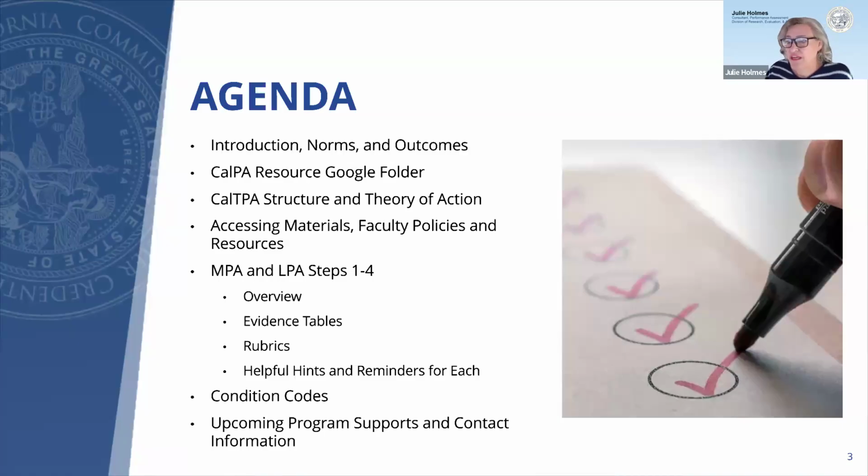We will then move into MPA, and I will review MPA steps 1 through 4 for version 2, and then Marissa will take over and go over the LPA, Literacy Performance Assessment, steps 1 through 4 for version 2. We'll talk about condition codes, and then we will talk about upcoming supports for the year and our new calendar of events and contact information.